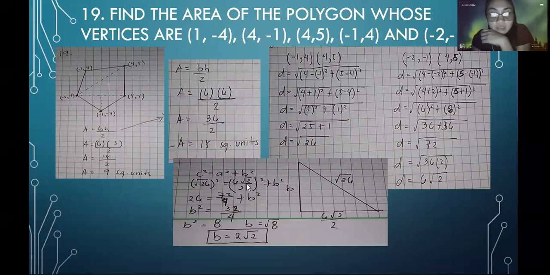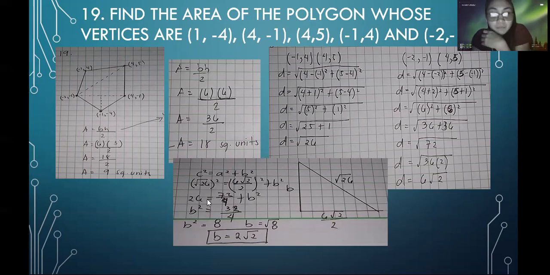The value of a is equals to 6 square root of 2 over 2 square plus b square, which is unknown. So the square root of 26 square is equals to 26, then equal to the value of 6 square root of 2 over 2 square is 72 over 4 plus b square.